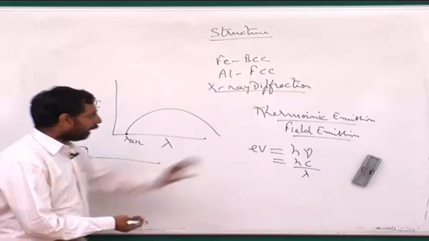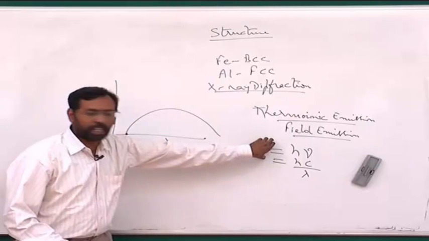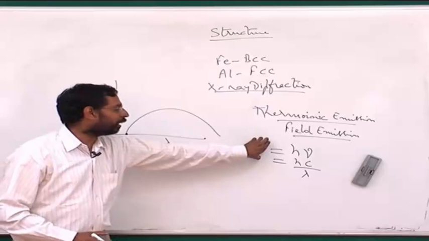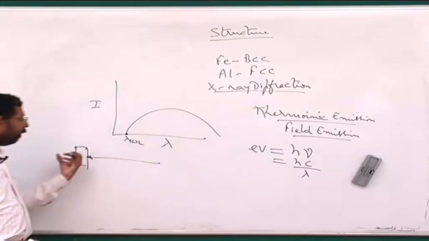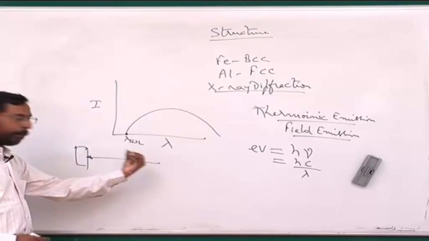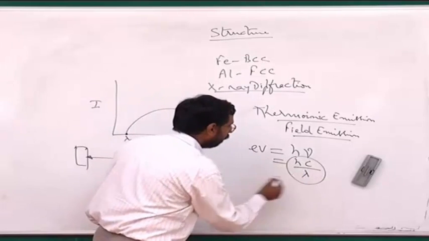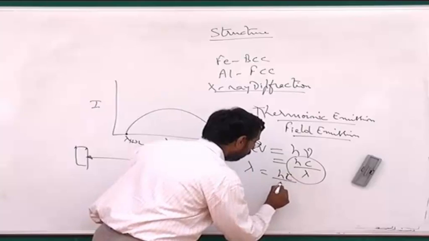So every electron that is falling here has certain energy based on how much voltage I am using to generate the electrons, and if all the energy of one electron is consumed by one single collision, then you generate a lambda which can be given as hc by eV.